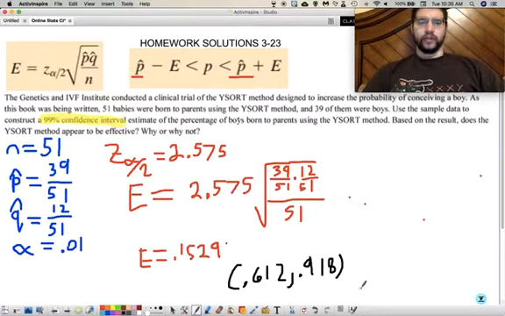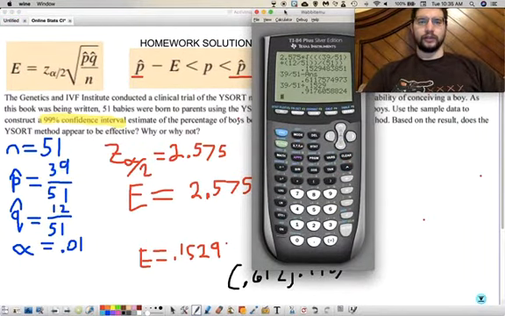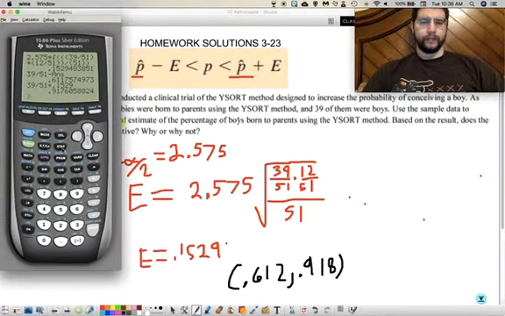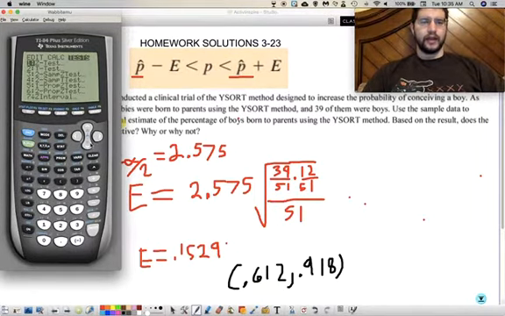TI users, though, remember, if you just need the confidence interval, you can just type it in. Go to Stat, Test. Not sure exactly where it is. For me, it's A. It might be different for you, but look for that one prop Z interval, one proportion Z interval. That's what we're looking for.